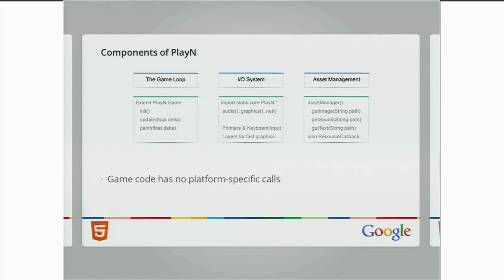And then we have asset management, which is loading resources from the local system, serializing them out to the server, or storing them in local storage, all the asset handling. Those are the three major breakdowns of what PlayN is, and I'll talk about each of them.